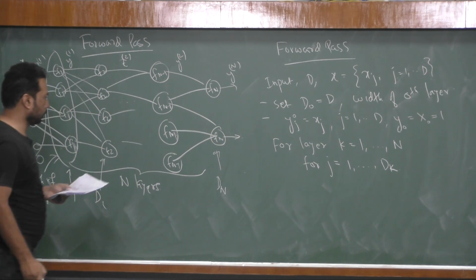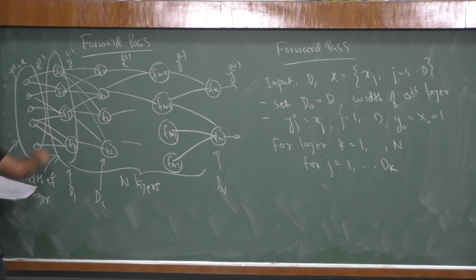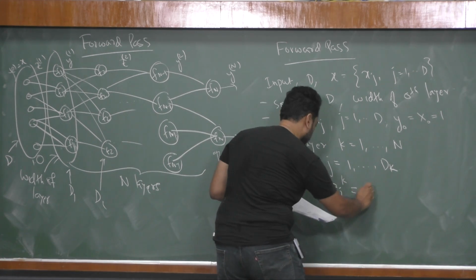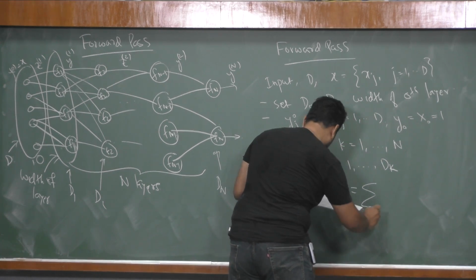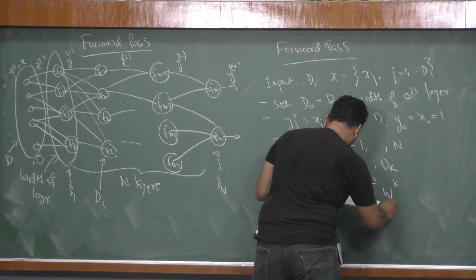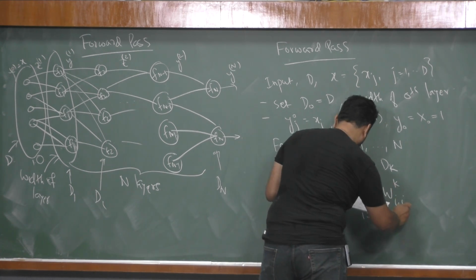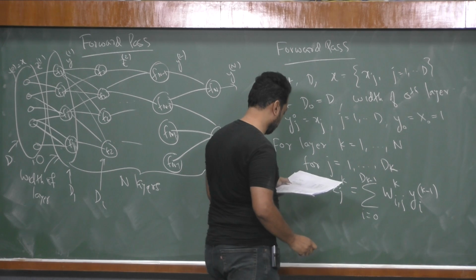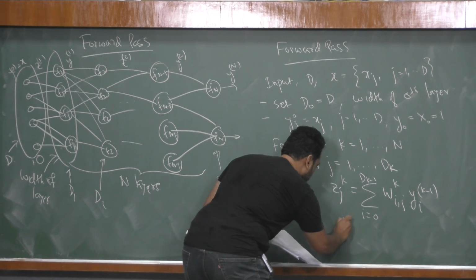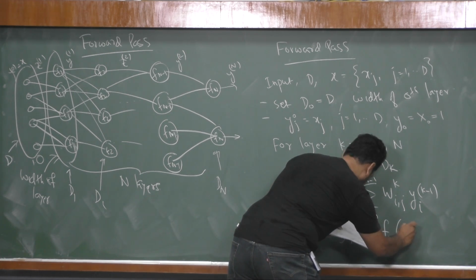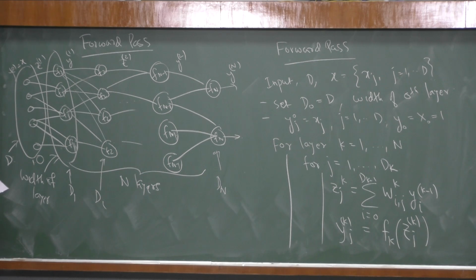Then we compute the intermediate values, which are linear combinations: z_j^k is the sum over i equals 0 to d_{k-1} of w_ij^k times y_i^{k-1}, and finally y_j^k is f_k of z_j^k. So this is the for loop we have.